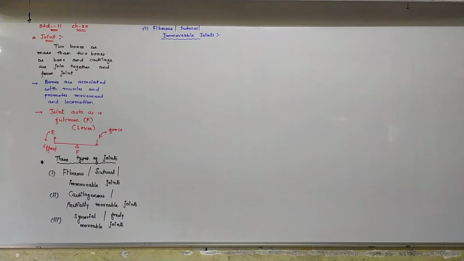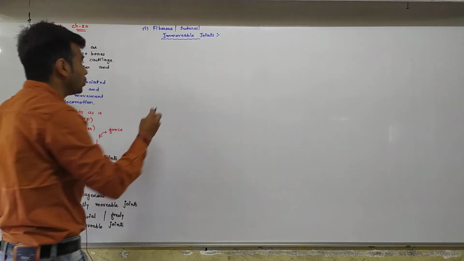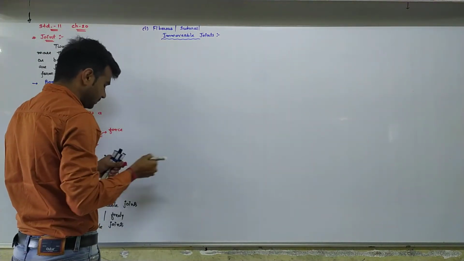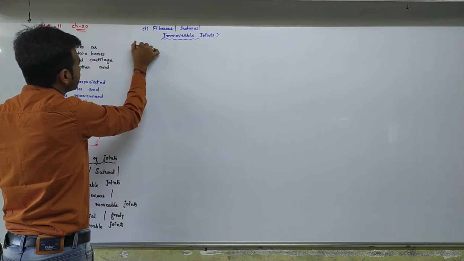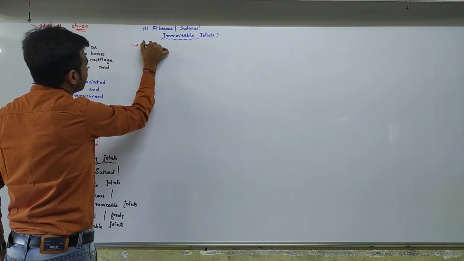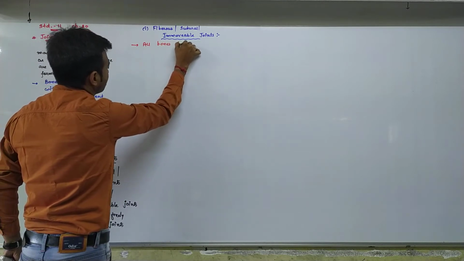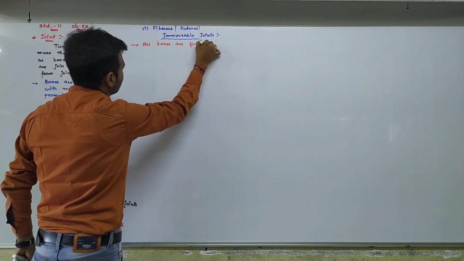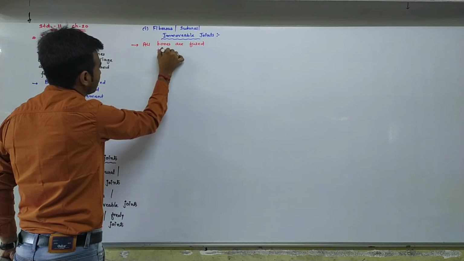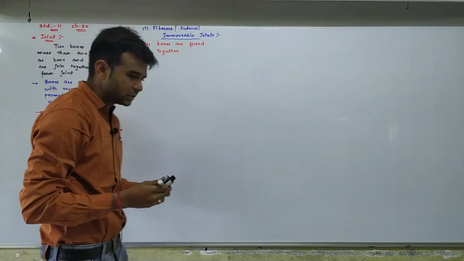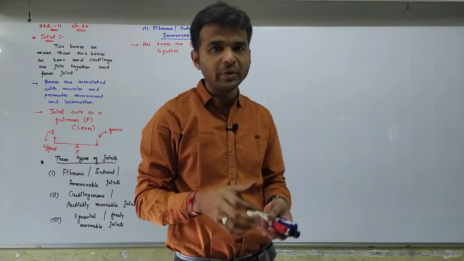Fibrous joint or sutural joint or immovable joint. Here all the bones are fused together, joined together.